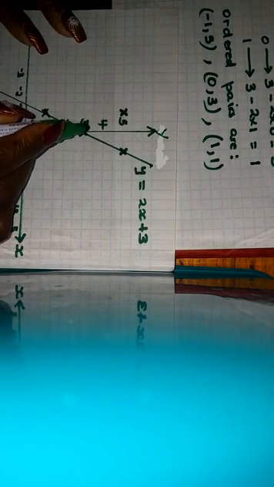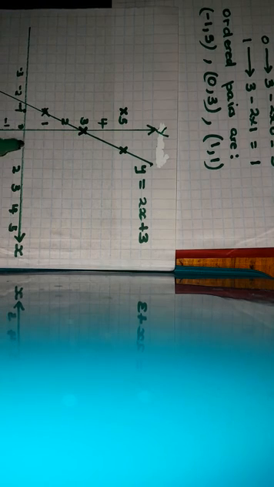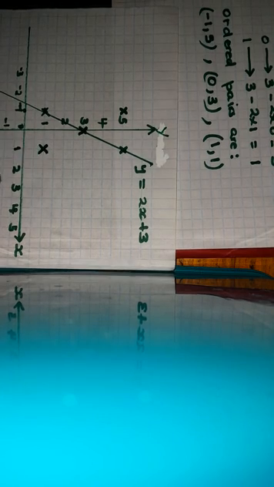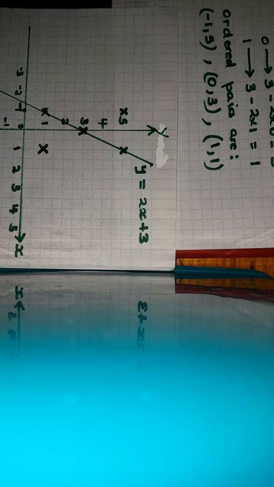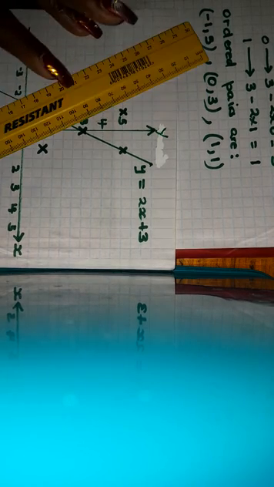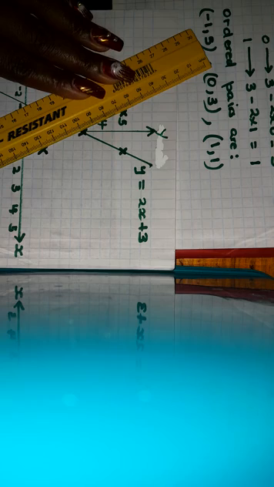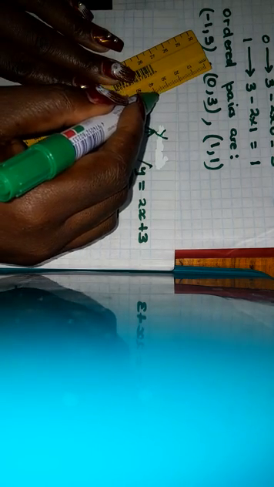This is where 0, 3 lies. Then we've got 1, 1, which lies here. We take our ruler again to draw that graph. Make sure your ruler is straight. Then we draw our graph.